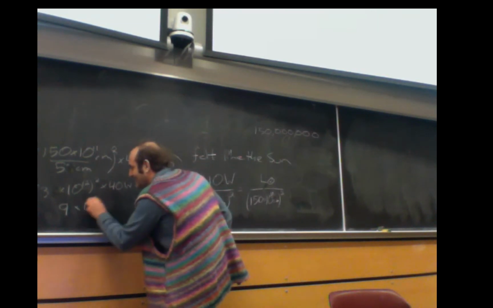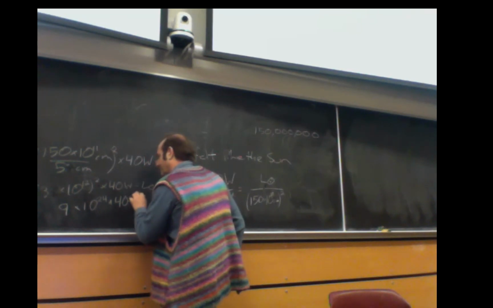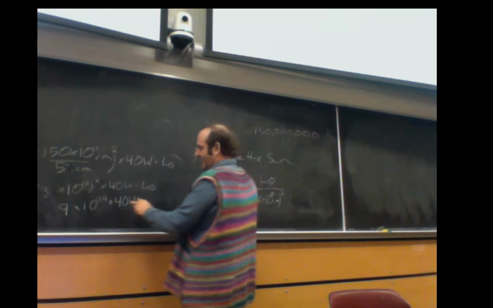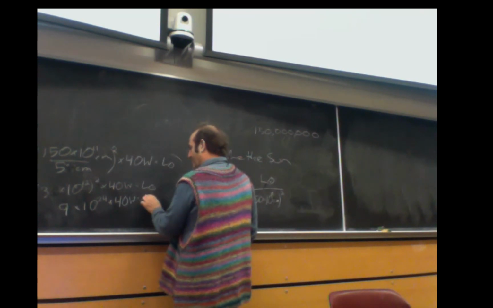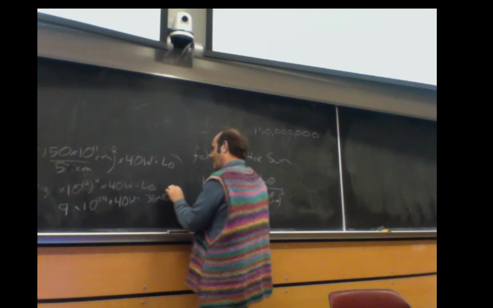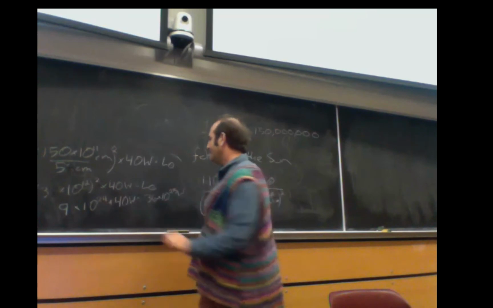So I have 10 to the 24 times my 40 watts. Do you think it's going to be close? I don't know. So we get 36 times 10 to the 25 watts, right? Because I have an extra 0 here.